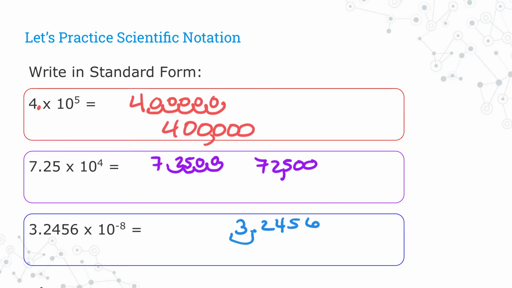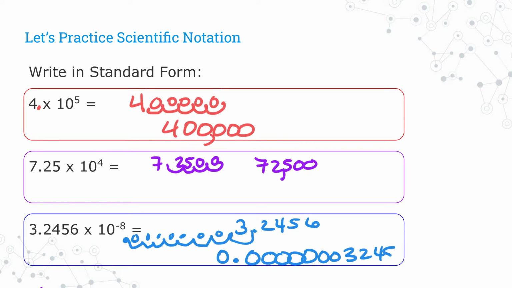Now I'm going to go the other way, 1, 2, 3, 4, 5, 6, 7, 8. Okay, so our number is 0.000000, I believe there are 7 zeros, 1, 2, 3, 4, 5, 6, 7, 3, 2, 4, 5, 6.